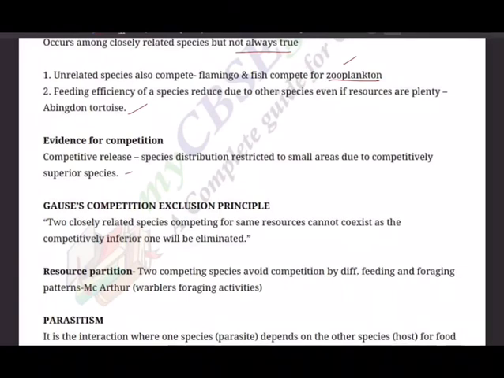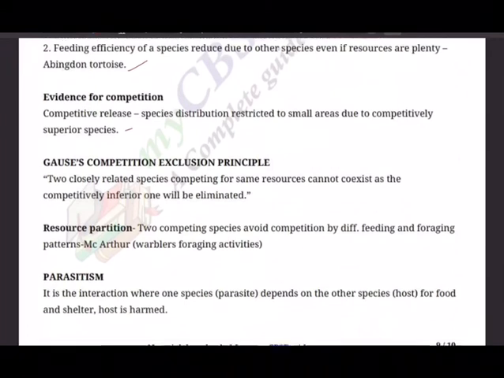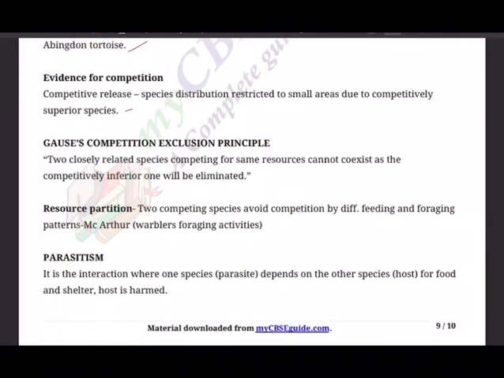So a cause for competition is the exclusion principle. What is that? Gause's competitive exclusion principle. Two closely related species competing for the same resources cannot coexist, as the competitively inferior one will be eliminated naturally. So that is Gause. So two lions cannot exist, that's what he means.